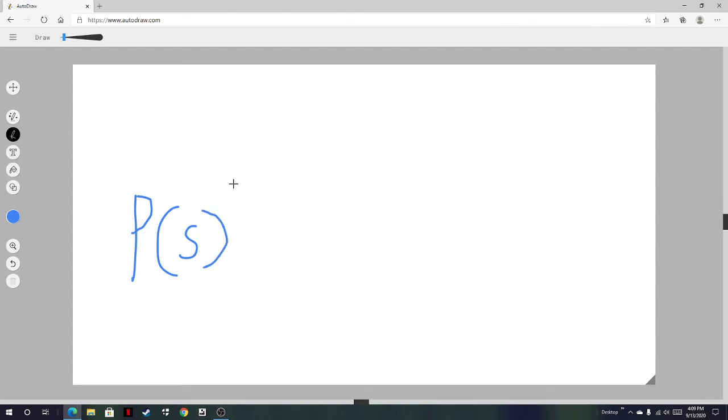What does that mean? Let's say we take the set of 1, 2, and 3. The power set of that set is all the subsets you can make of that set. Well, if you want to be more precise, the power set of any set is the set of all the subsets you can make of that set.